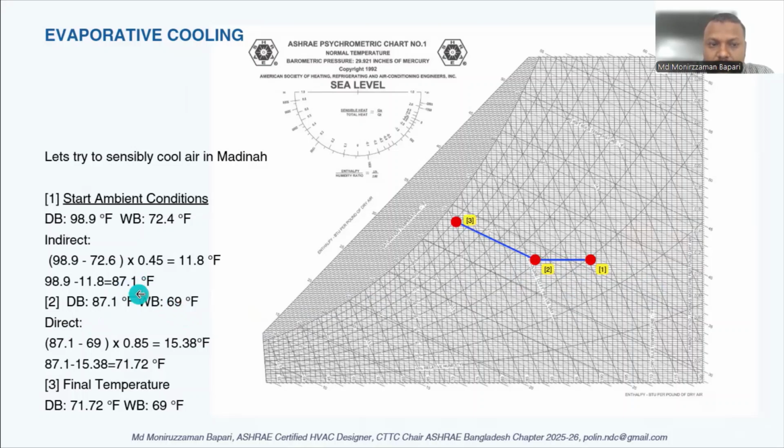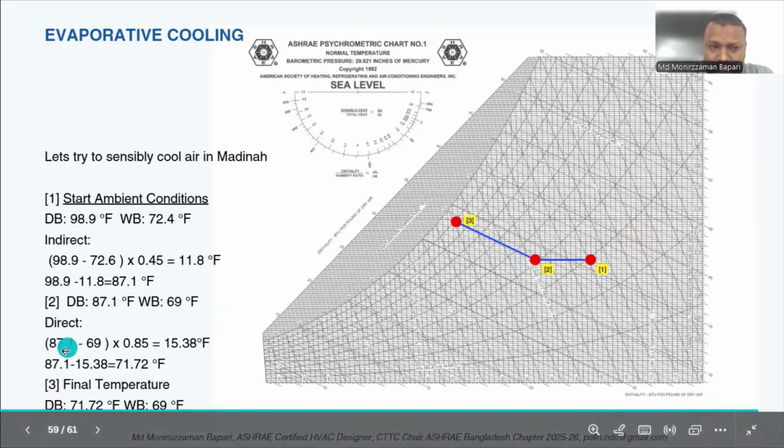See, earlier the wet bulb was 72.6 degrees Fahrenheit, now it is 69. Since we have sprayed the water, with the indirect cooling we are going to have some advantages. Again, if you continue to spray the water in this particular scenario, directly the evaporative cooling is going to react.